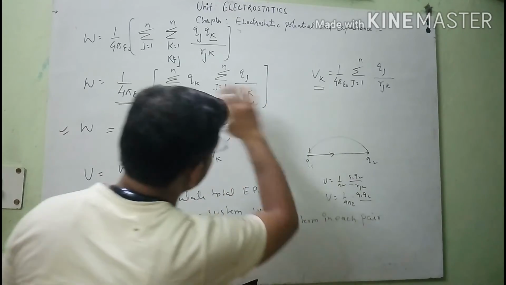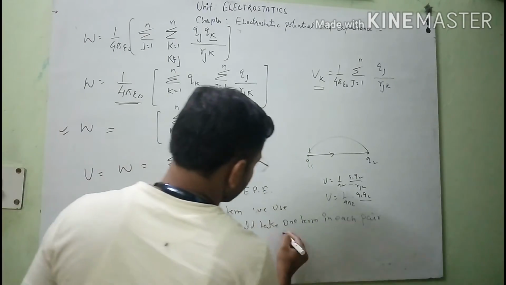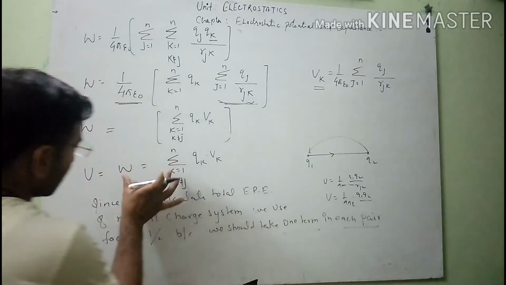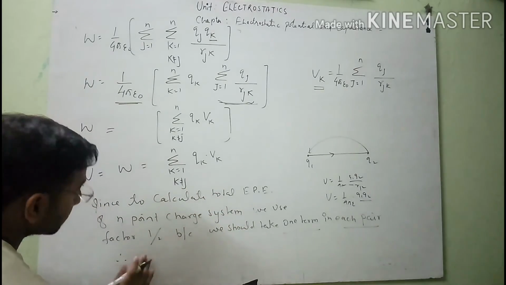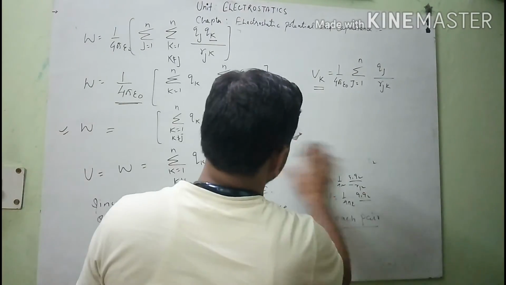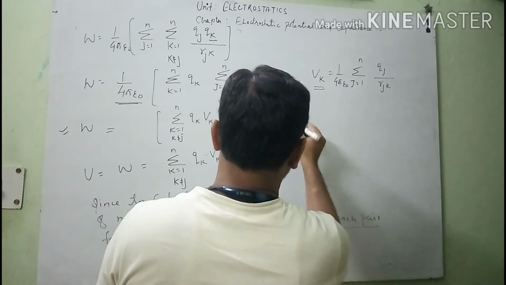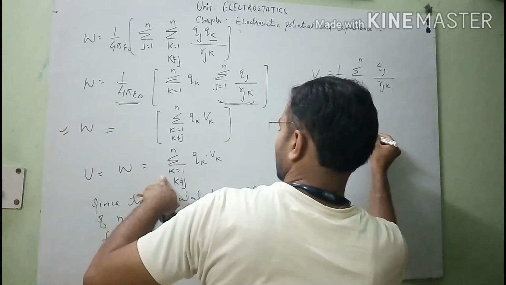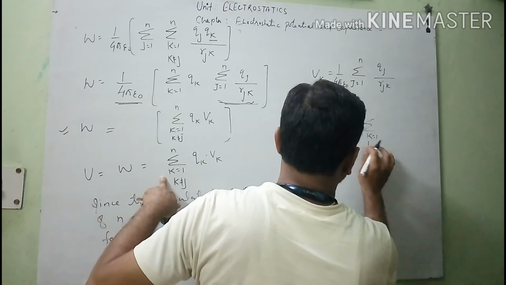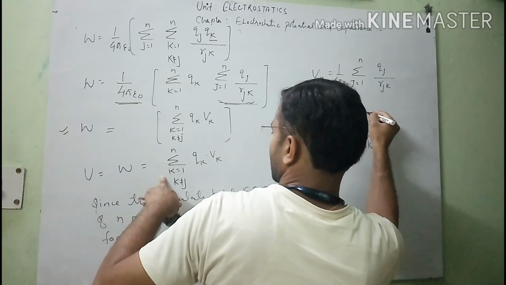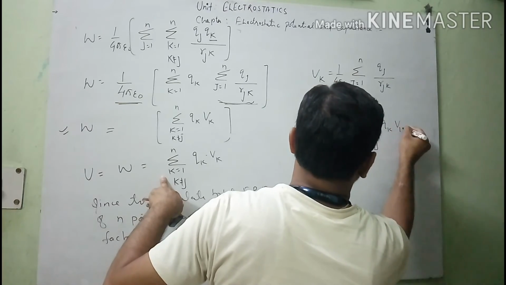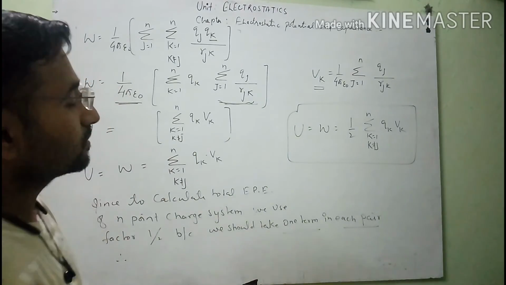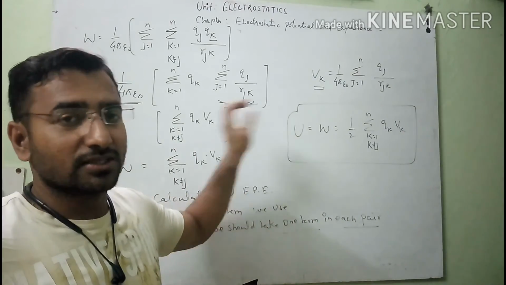Here we have taken two terms in each pair, so we should take one term in each pair, otherwise the potential energy will be double. So the final potential energy in this case you can write: U is equal to W is equal to half of sigma k is equal to 1, k not equal to j, qk Vk. So this one is our final result for the calculation of electrostatic potential energy of n point charge system.